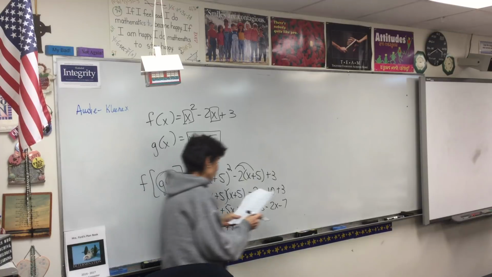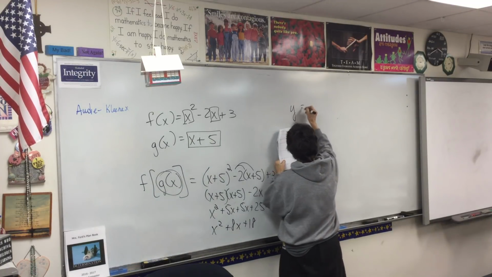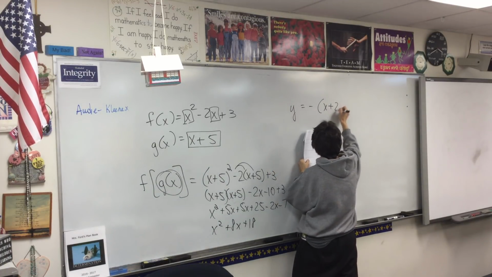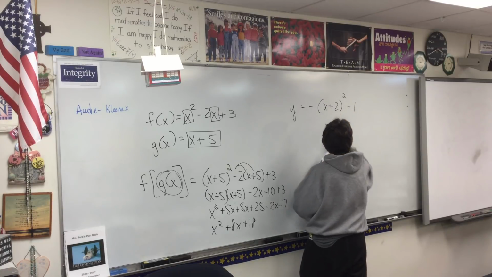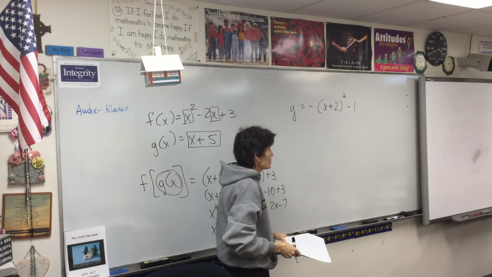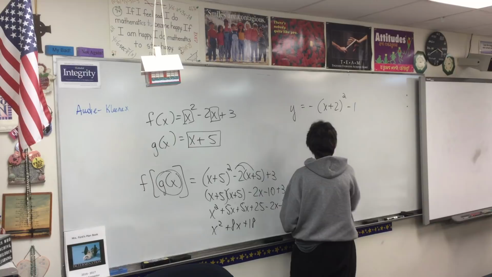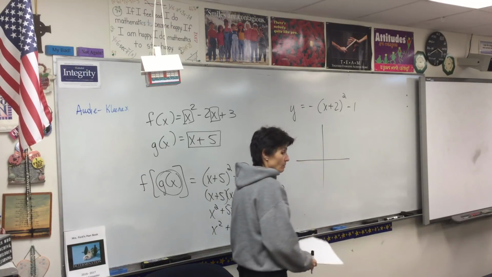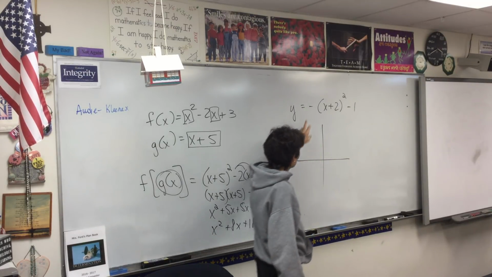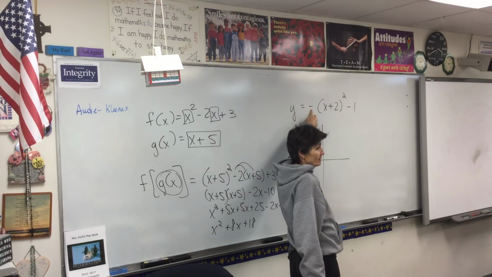Okay, what's next? Graph. What does an x squared equation look like? Probably a parabola. So tell me about this parabola. This is going to be a parabola. It opens downward because of the negative.